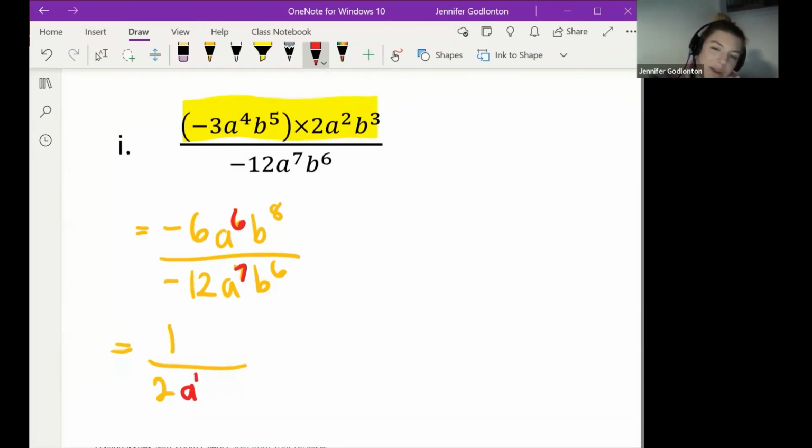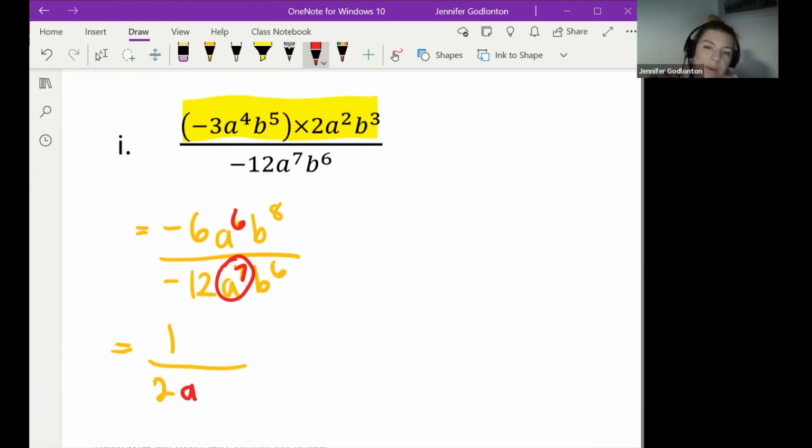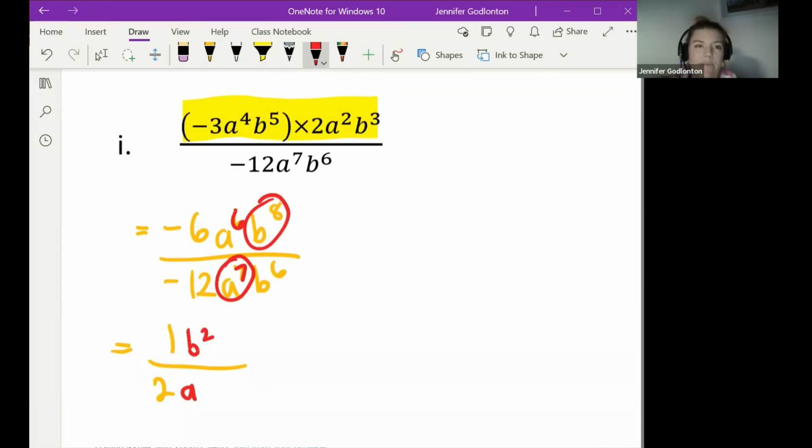Because my A's were bigger at the bottom, they need to stay at the bottom, so it's just a to the power of 1 under. And my B's are bigger at the top, so they stay at the top. So it's going to be b squared over 2a, exactly. Good.